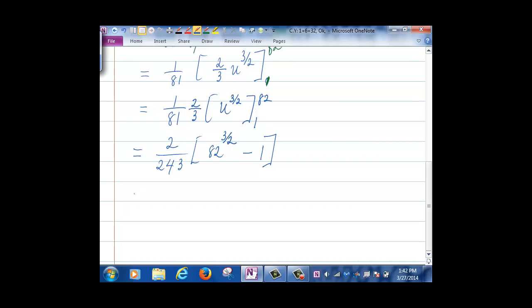Approximately what this is, if the 82 is approximated by 81, then this is about what? If I replace 82 by 81, about the same, 82 and 81. So 81 to the 3/2, 81 to the half is what? 9, and 9 cubed would be? 9 to the 3 would be 729. So 729 minus a 1.